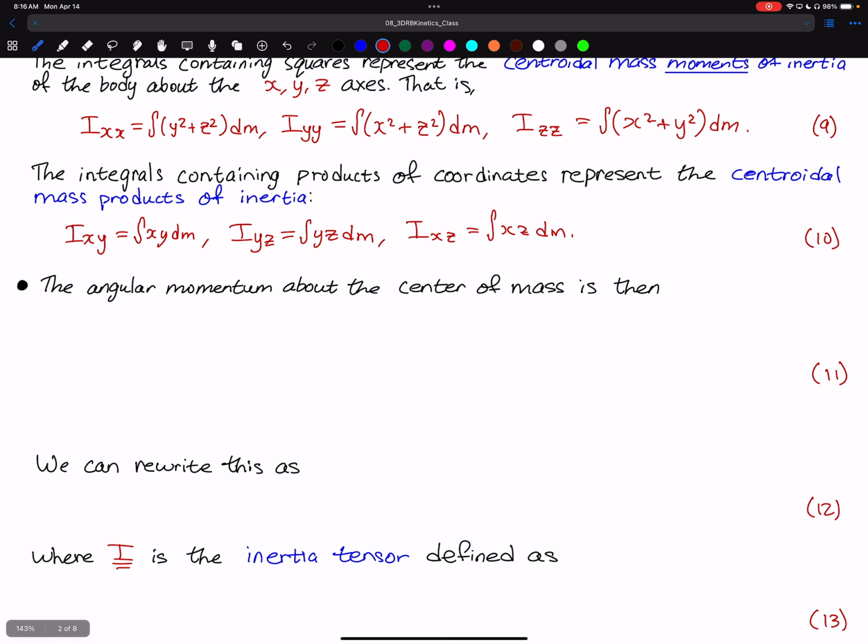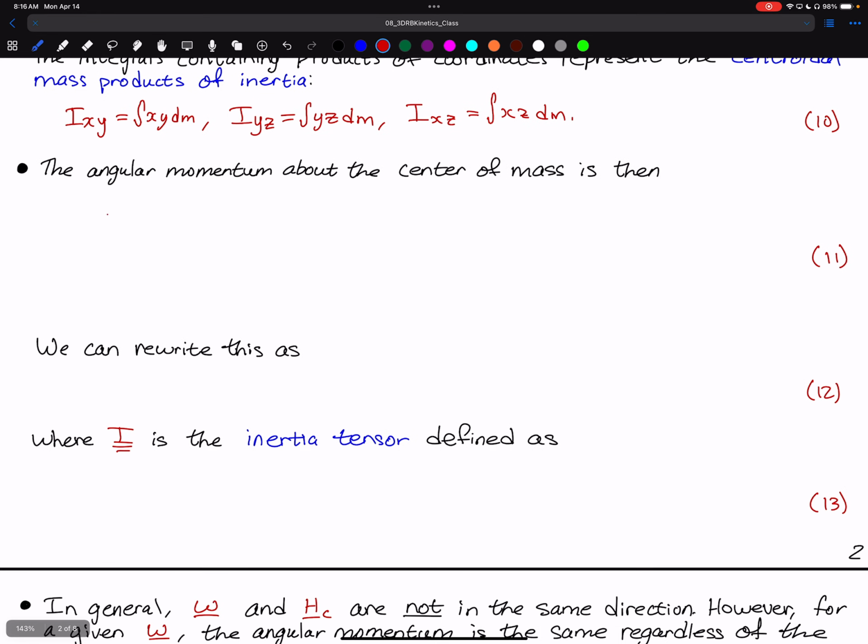Our angular momentum then can be written as h sub c is equal to quantity I sub xx times omega x minus I sub xy times omega y minus I sub xz times omega z.